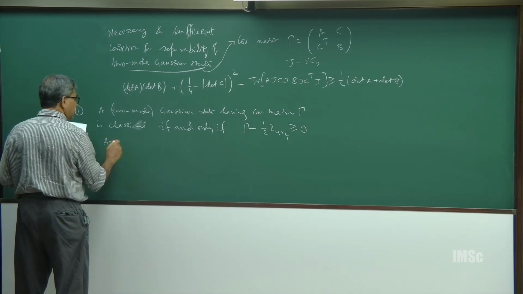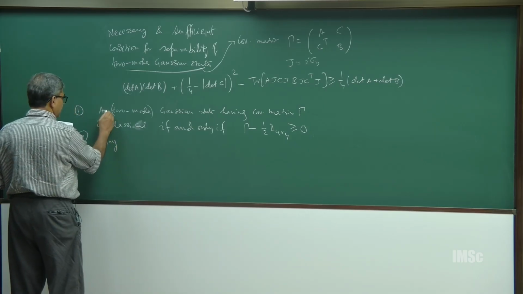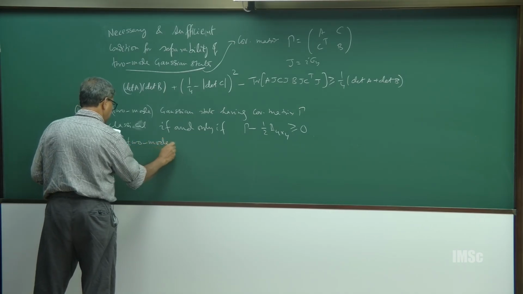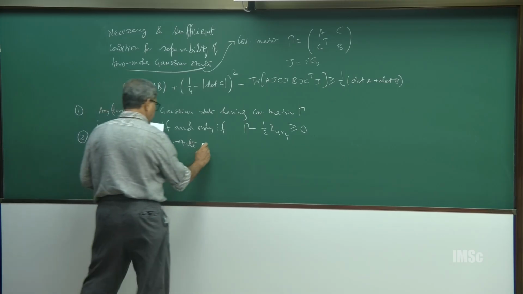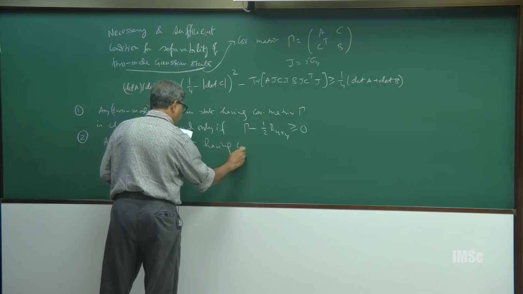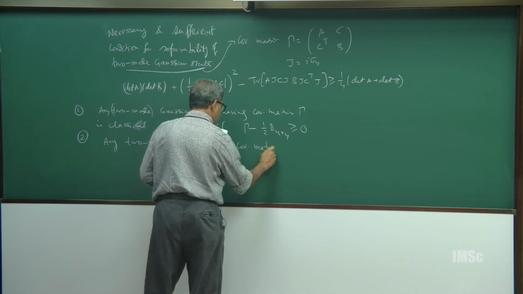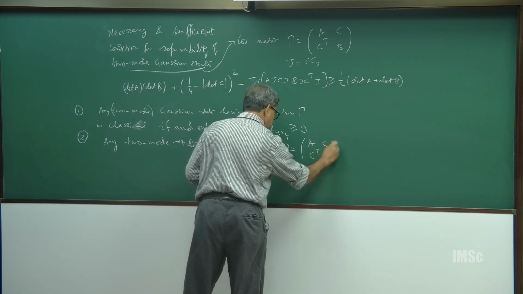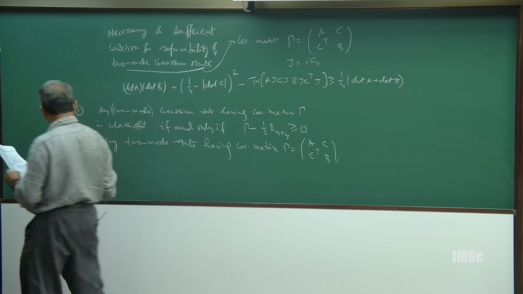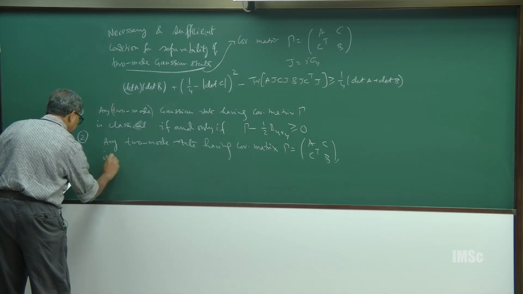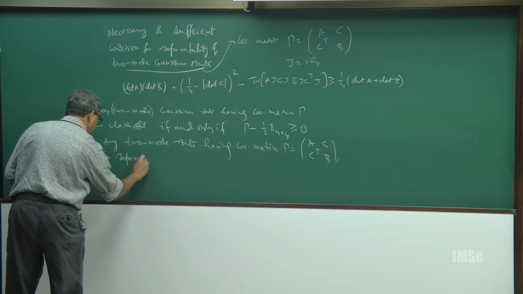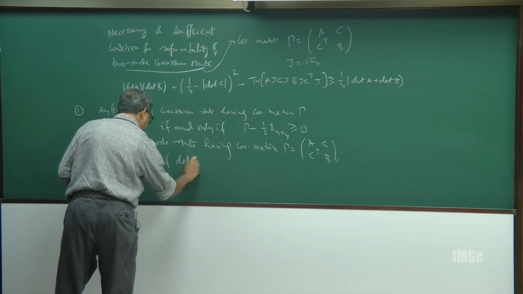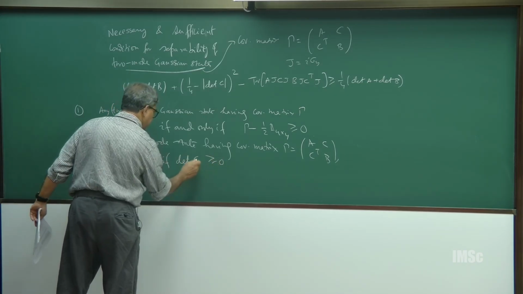Any two mode Gaussian state having covariance matrix gamma equal to A C C transpose B, okay, is separable if determinant of C is greater than or equal to 0.